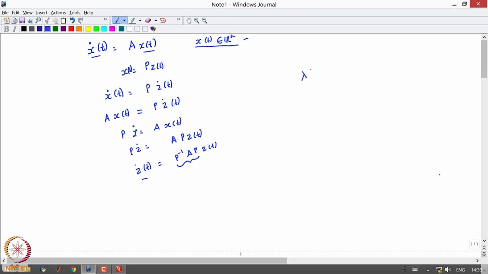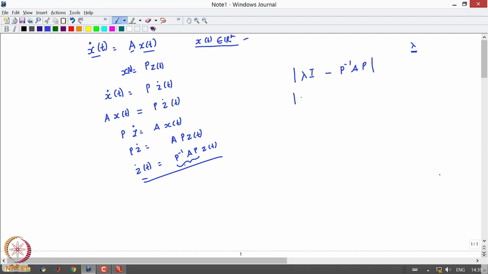So, I have the determinant of lambda I minus P inverse A P, which is my characteristic equation in z coordinates. This will give me a set of eigenvalues. What I want to establish is how the eigenvalues which come from the matrix P inverse A P relate to the original A matrix.